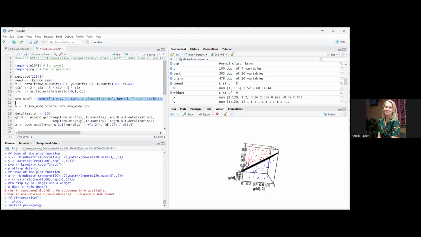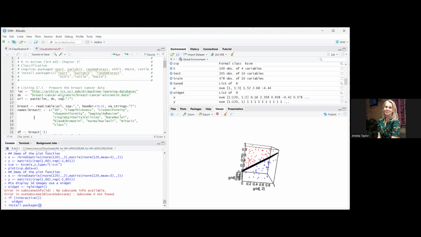Okay, so let's go to the example that I prepared for you. This is an example I borrowed from a book. You see the source there. If you are able to obtain the book, that's quite a good book to read. So we are going to use this example for today.